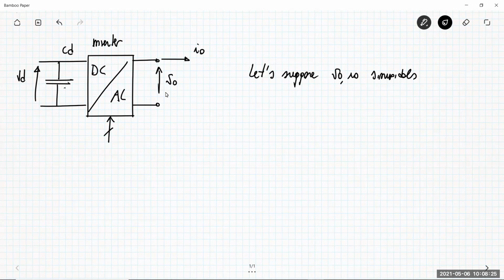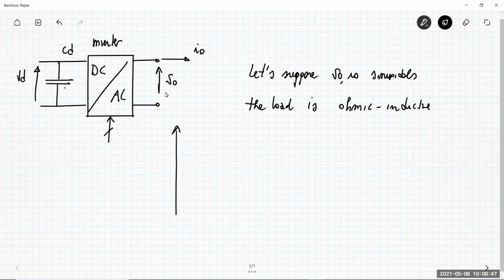So typically the load for this kind of application is an ohmic inductive load.